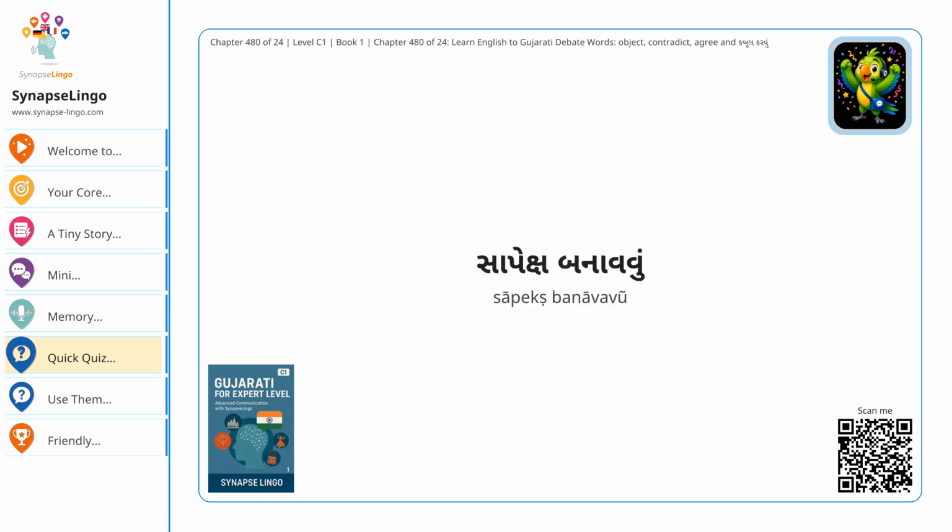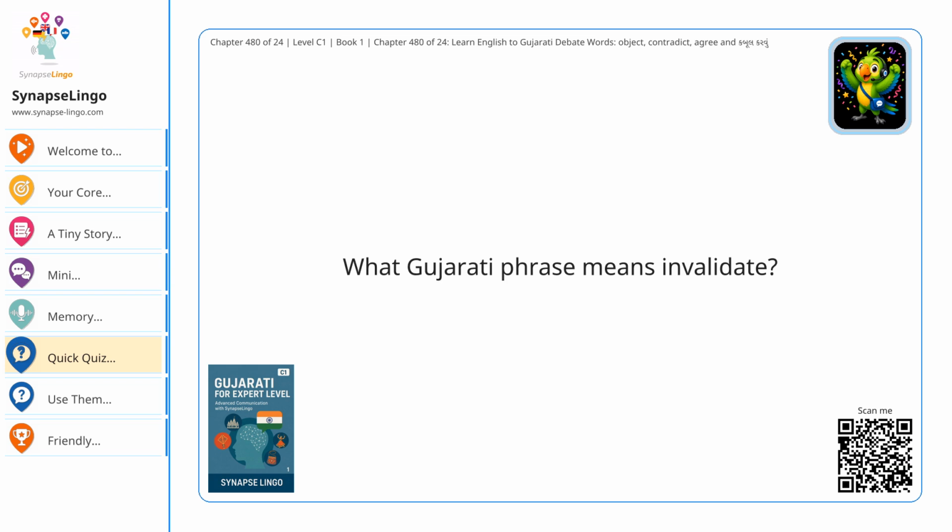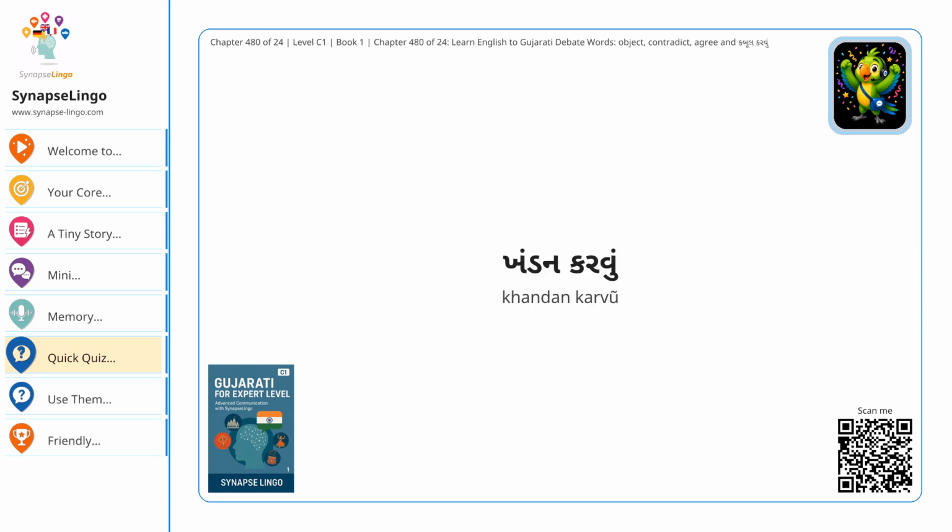Answer. સાપેક્ષ બનાવવું. What is counter in Gujarati? Answer. counter. What Gujarati phrase means invalidate? Answer. ખંડન કરવું. What Gujarati phrase means refute? Answer. ખંડન કરવું. What is the Gujarati for admit? Answer. કબૂલ કરવું.